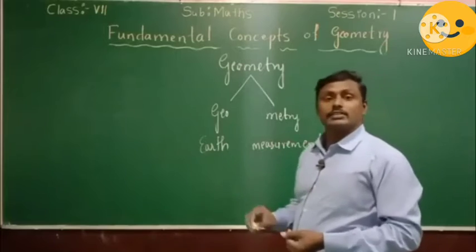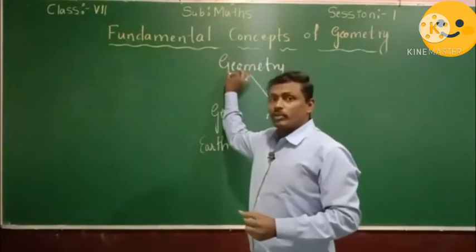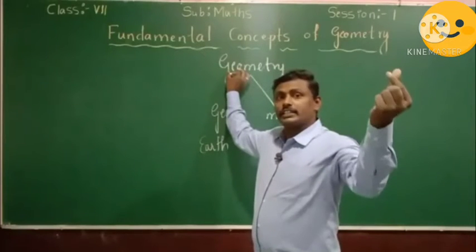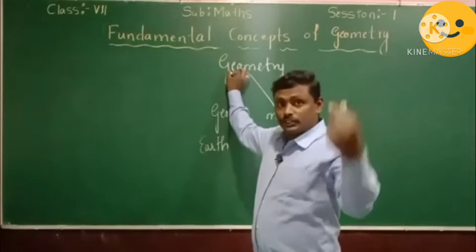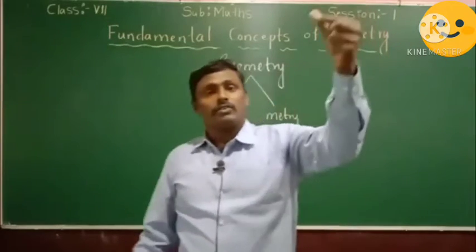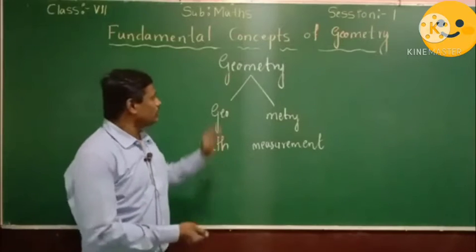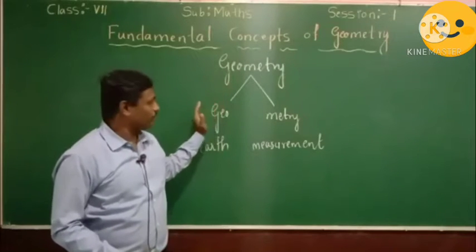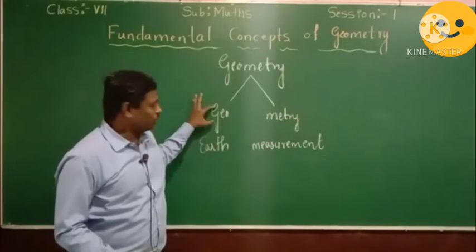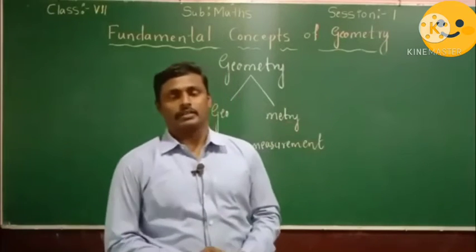So it is the study of the earth. In geography you have already studied, geo means earth. In geography you are studying about the earth only, correct? So the word geometry comes from the Greek, in which geo means earth and metri means measurement.